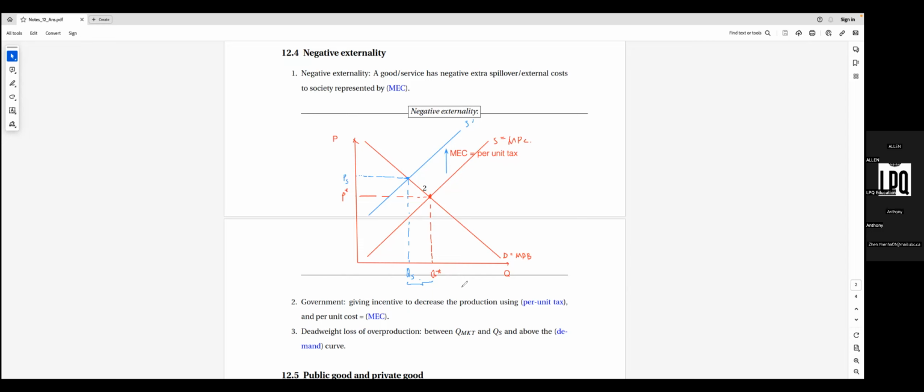More units produced, more units traded, more units purchased means a higher level of consumption, leading to a higher level of utility. But this graph is very special. This time, because the consequence is a bad thing, higher level consumption can actually reduce the overall social surplus. So we call this problem overproduction.